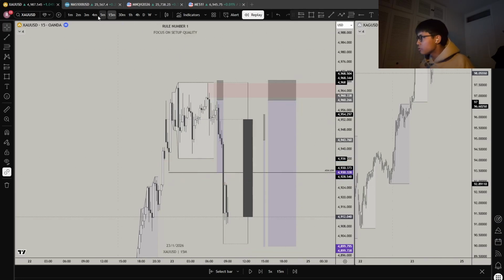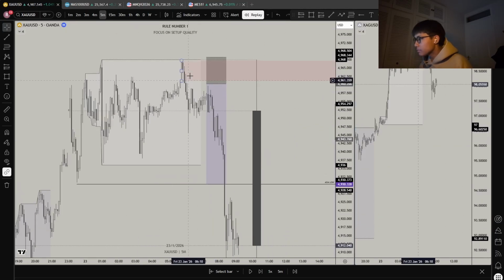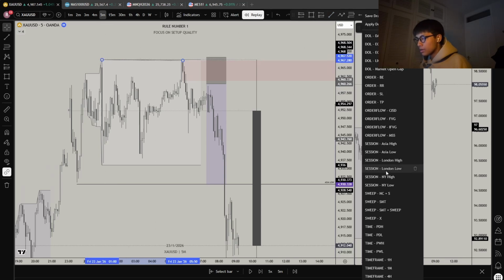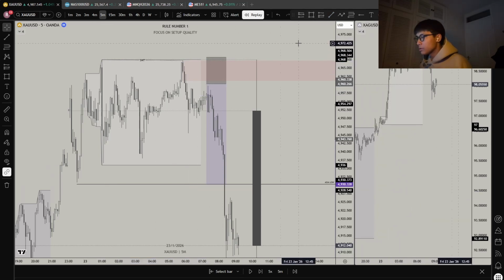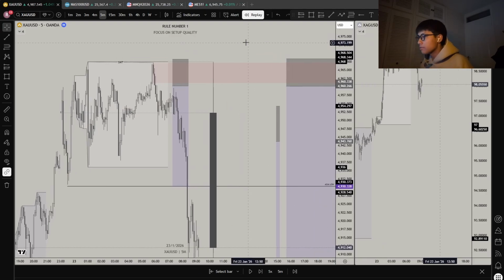So in terms of the trade model itself, where this rejection block was, we had a bearish SMT. Sorry, I should say this one. We had this bearish SMT here, with silver, which kind of shows that gold is looking to sell rather than silver.